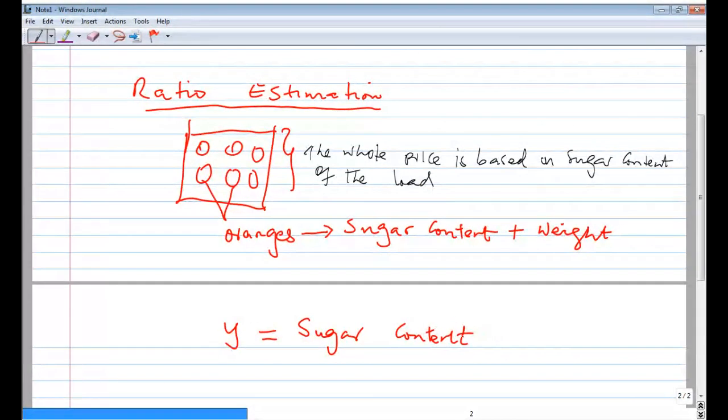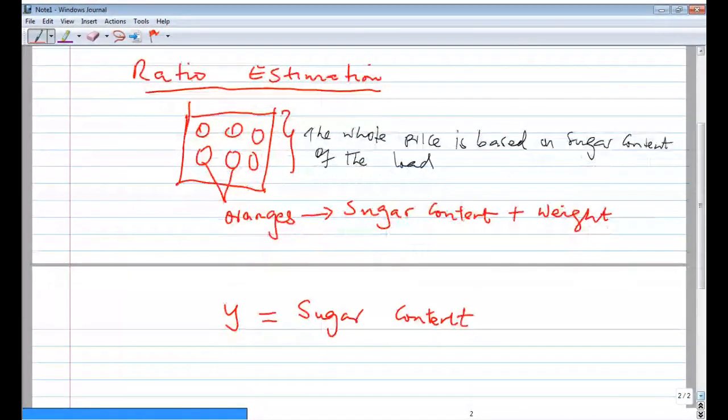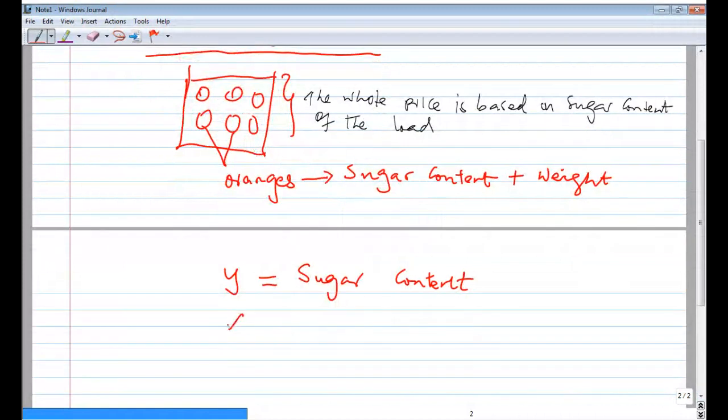And we have another variable called x, which represents the weight of the orange.